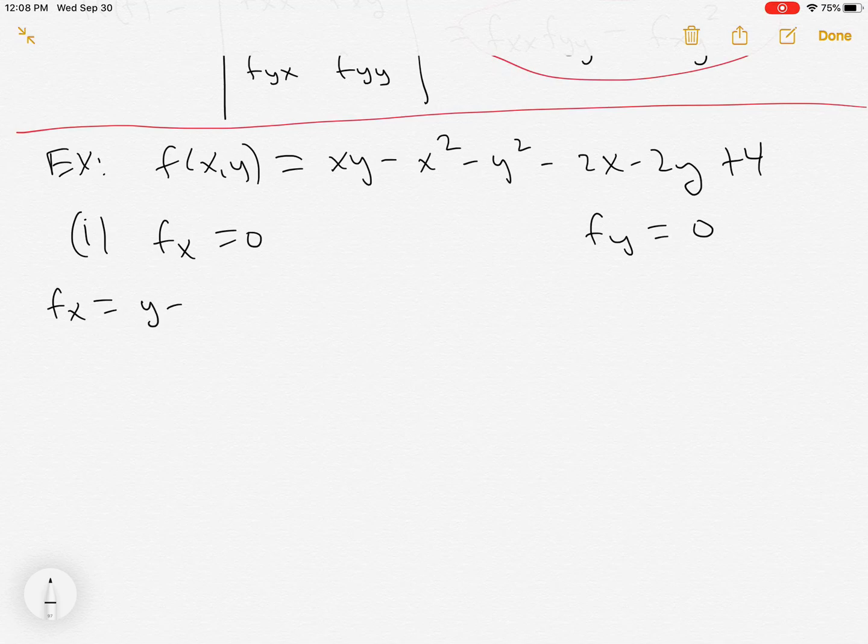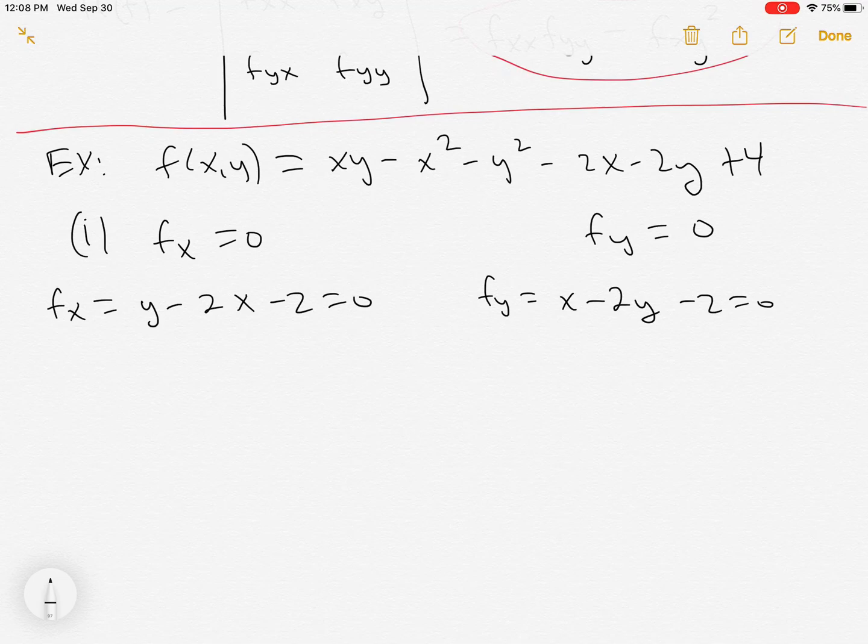We get y minus 2x minus 2. We set that equal to 0. And then over here we take f sub y. We get x minus 2y minus 2 equals 0. This gives us a system of two equations and two unknowns.